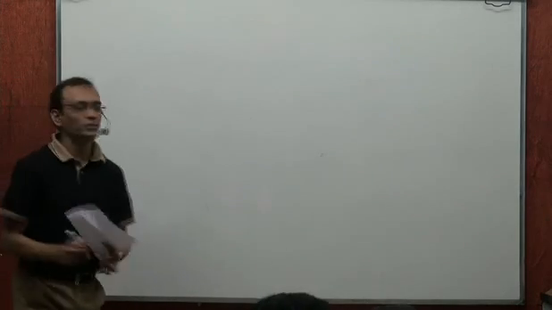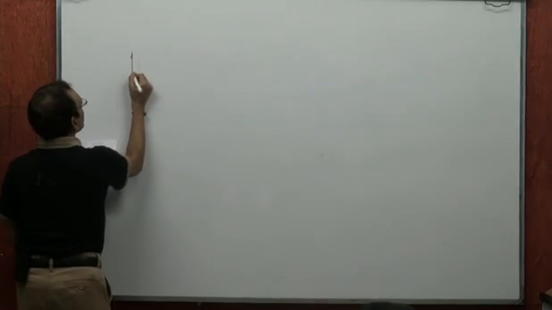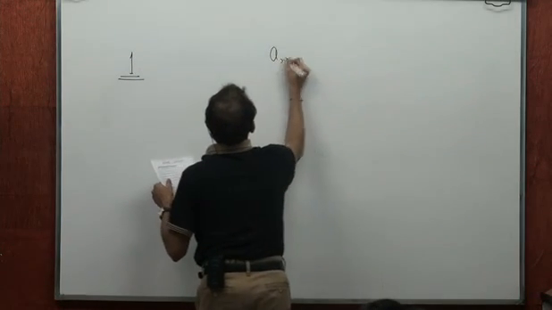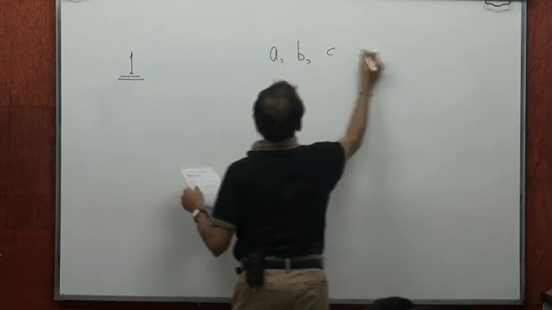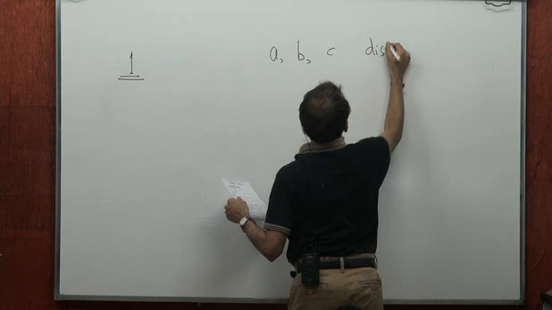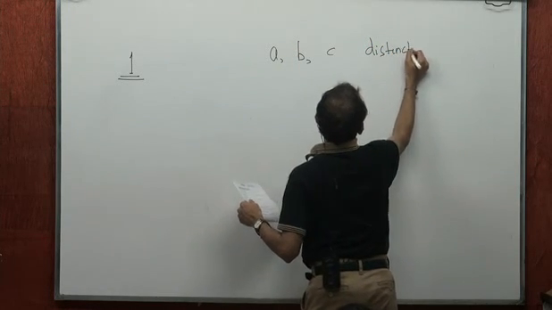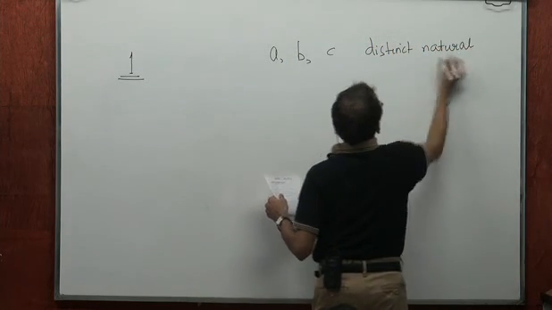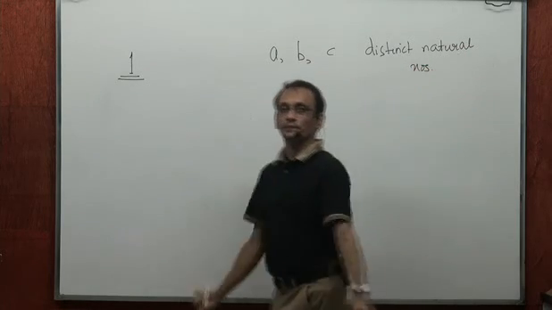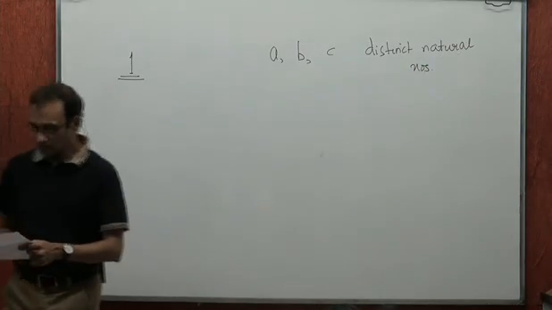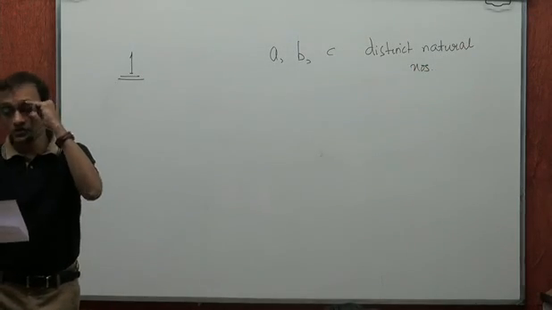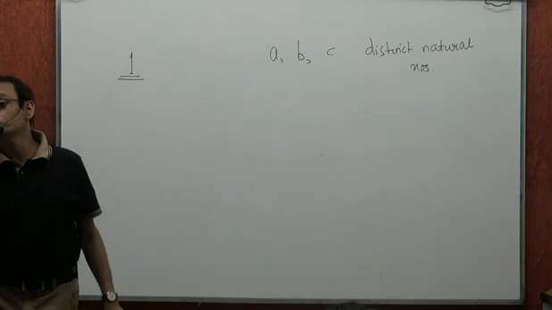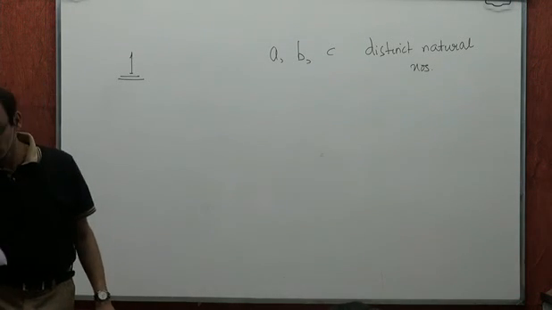So here, problem number 1, which says A, B, C are distinct natural numbers. And there are two other conditions given in the form of equations.